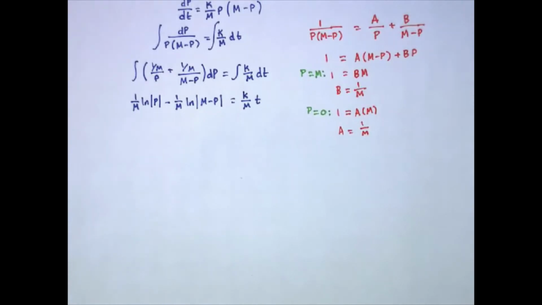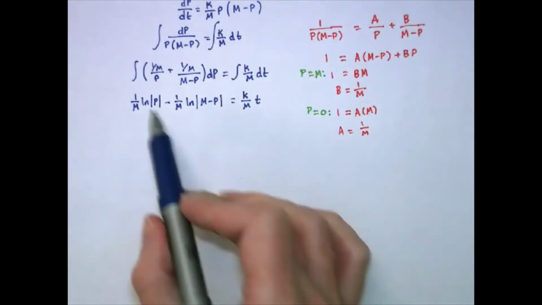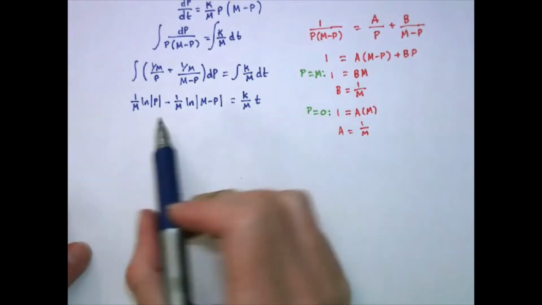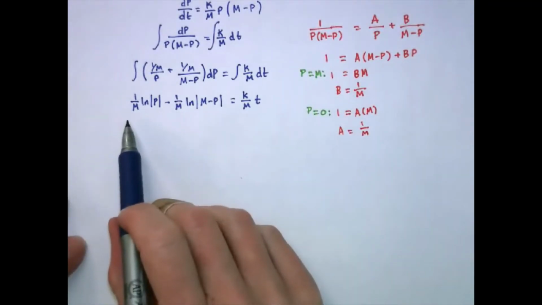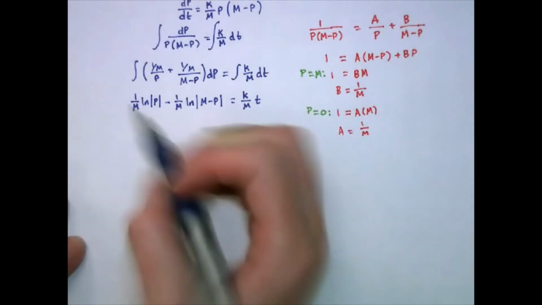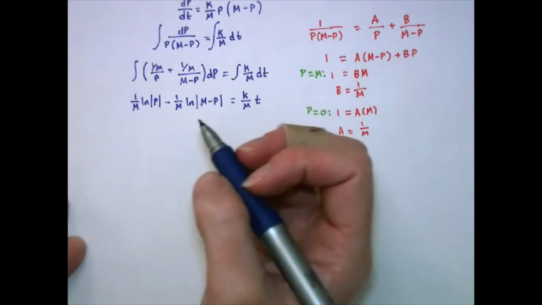All right, our next task here is to solve for p. I have two p's, one here and one here. I need to consolidate them. So what I'm going to do first is multiply both sides of this equation by m. Actually, before I do that, I'm going to factor the m out.